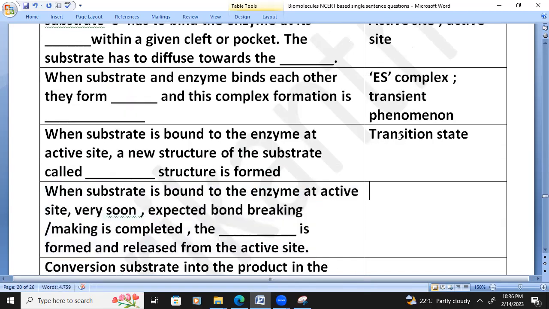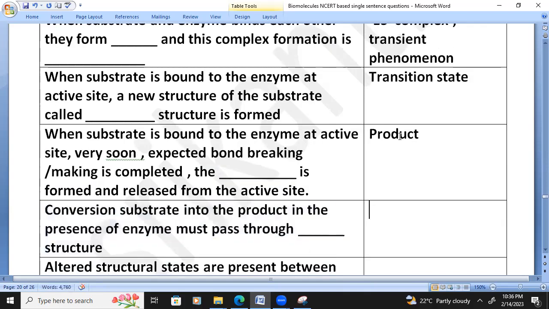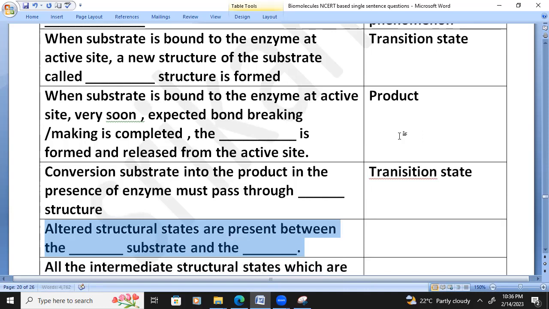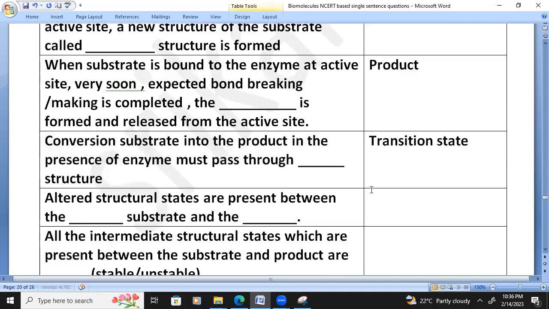Very soon, the expected bond breaking or making is completed. The product is formed and released from the active site. Conversion of substrate into the product in the presence of enzyme must pass through the transition state structure.